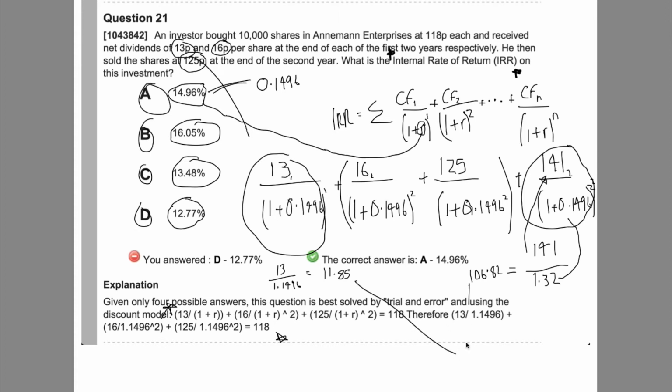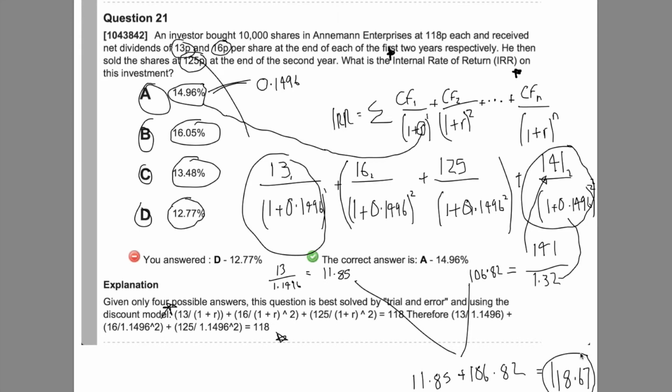If we start adding these two together, 11.85 plus 106.82, we get 118.67.